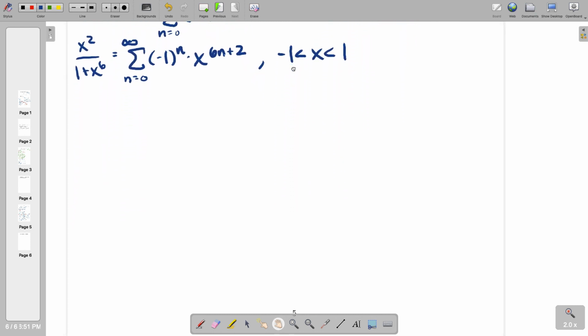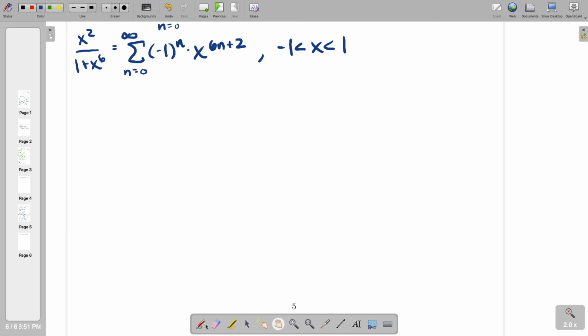But now we can answer their question, right? So their question was, what is the integral from 0 to a half of x squared over 1 plus x to the 6th dx? All right, well, we now know that that's going to be equal to the integral from 0 to 1/2 of this infinite series.